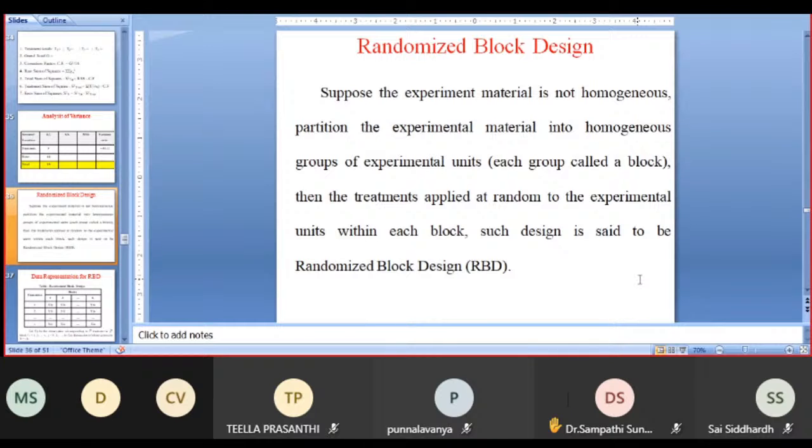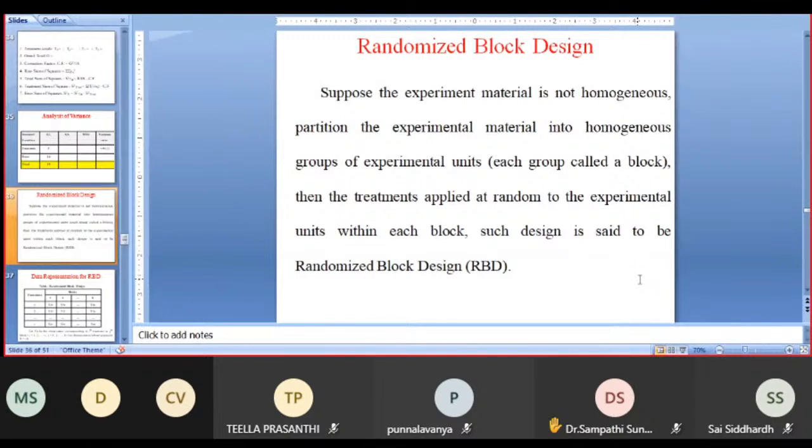In the randomized block design, the experimental material is not totally homogeneous. So there are some differences. I'm not finding the experimental material at one place. Now suppose I want to study the effect of nitrogen, phosphorus and calcium on a paddy crop, but the soil I'm finding at one place is red soil area and at another the black soil area.